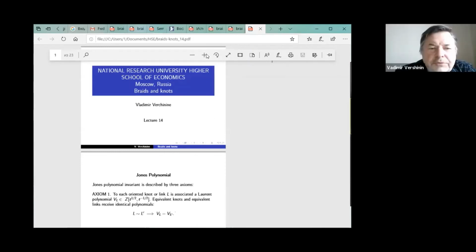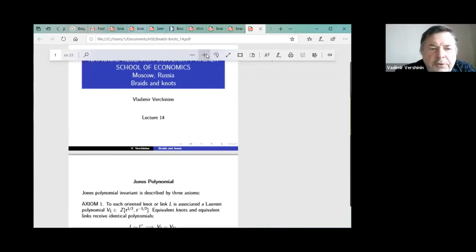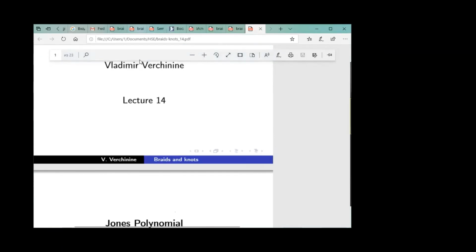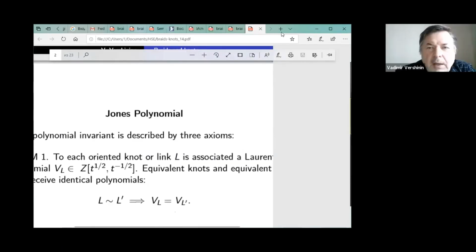So Jones's polynomial. This is interesting stuff. So I don't know why the screen goes. I don't know why the screen is going. Excuse me. I'm trying to.